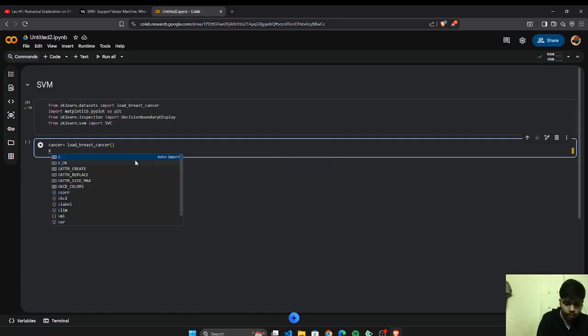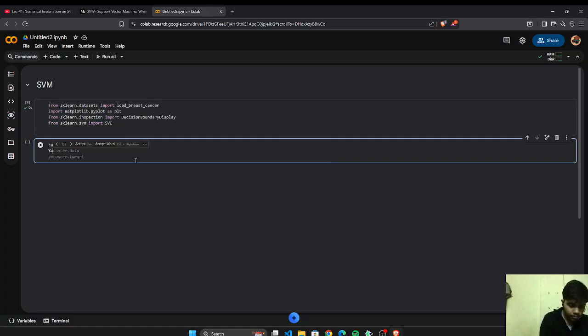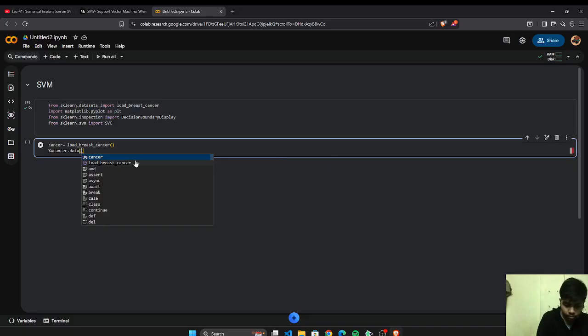The data will be in X. We are taking two columns and all the rows.